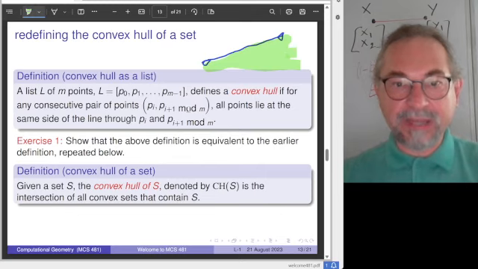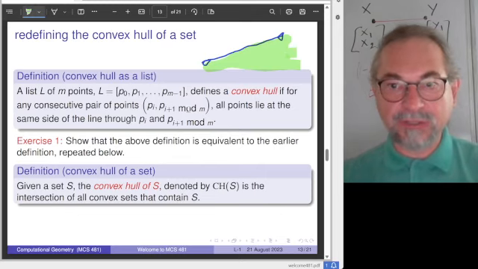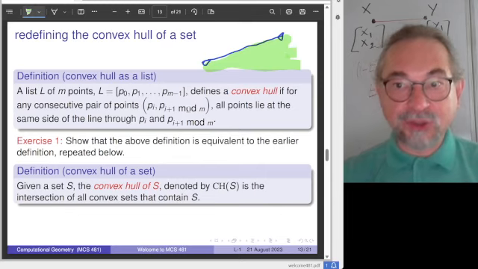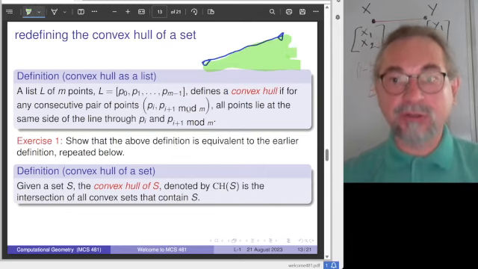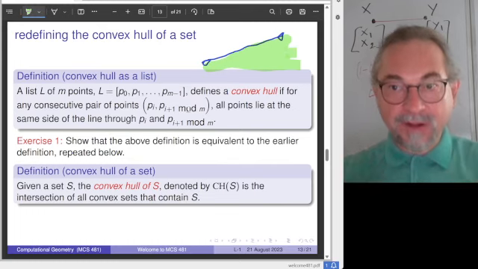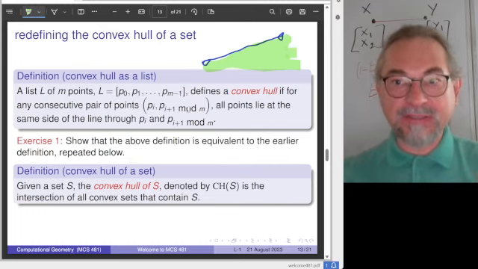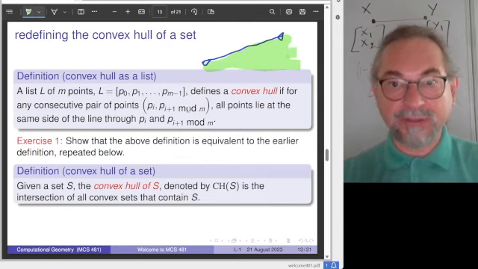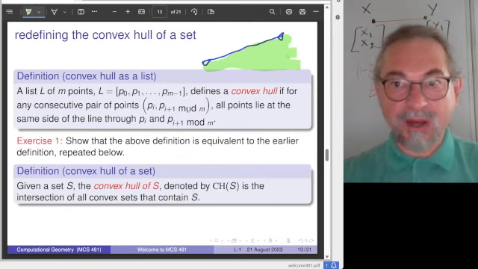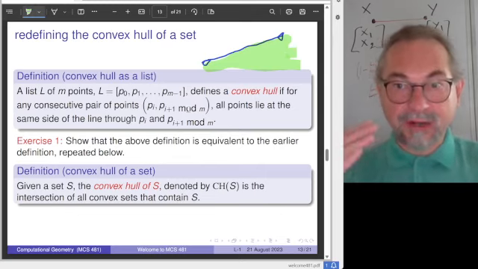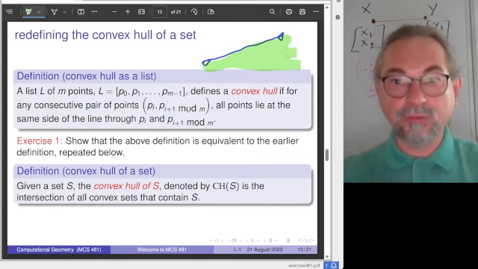So in solving the exercise, you have to do two things. You have to define what is a half plane, and then show that the intersection of a finite amount of half planes is again convex. So you can prove by induction. One half plane is the base case. A half plane is convex. Then you have the intersection of two convex sets is again convex.